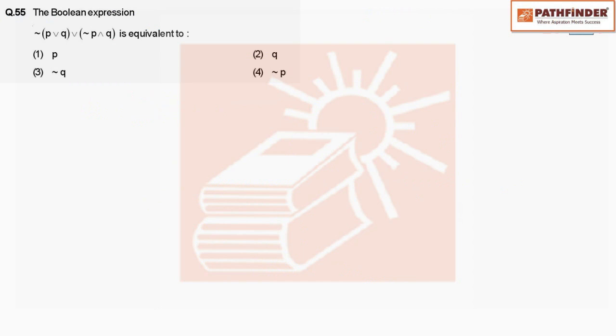This is question 55, which is of Boolean algebra. The given quantity is negation of (P union Q) union negation of (P intersection Q).